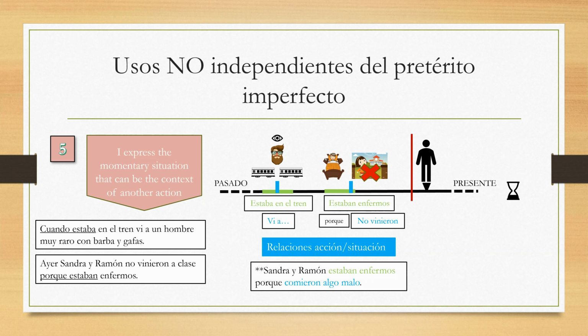Cuando estaba en el tren, vi a un hombre muy raro con barba y gafas. It could also be that I saw him when I arrived to the station. And in that case, when I arrived to the station, is an action. So it will be cuando llegué a la estación, vi a un hombre muy raro con barba y gafas.